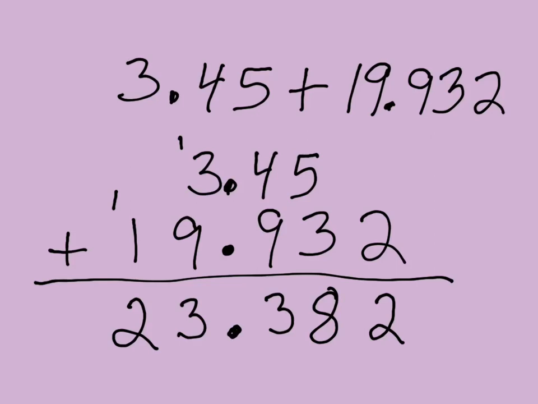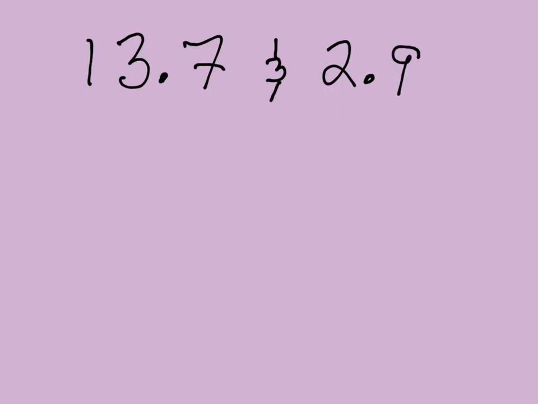Now to find the difference of decimals, if I want to find the difference between two decimals, let's say I have a decimal 13.7 and I also have a decimal of 2.98. Well, finding the difference, I take the largest number.